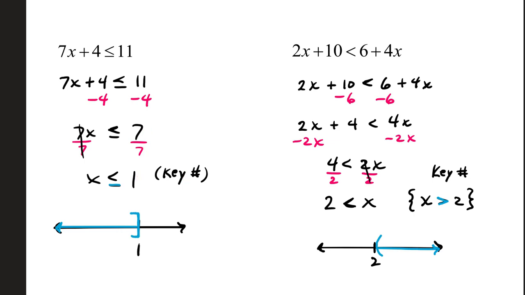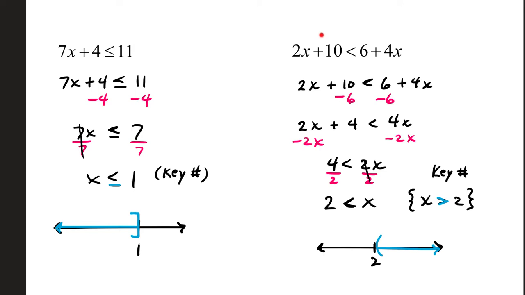That's our key number. So when you mark off 1 on a number line, because we have less than or equal to, that means we have to stay left of and include our key number. If you include your key number, you use a bracket instead of parentheses.